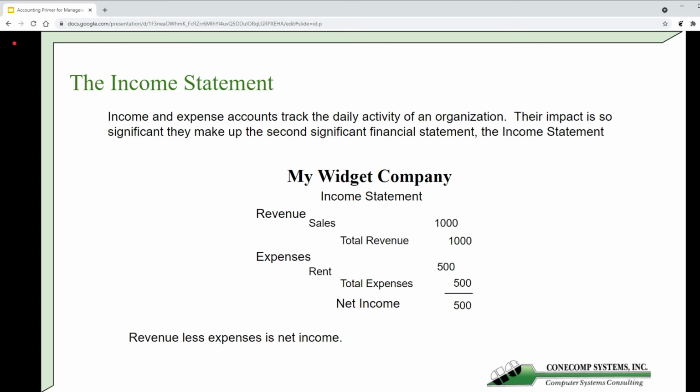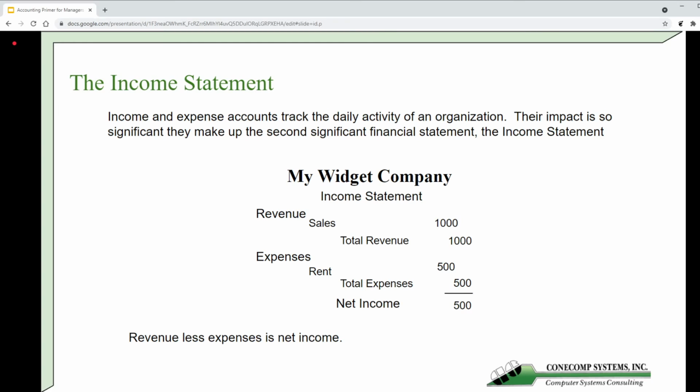Under revenue, we list all of our revenue accounts, which we had 1, and it recorded $1,000 sales, so our total revenue was $1,000. But on the opposite side, under expenses, we did have an entry against the rent as an expense, and that was $500. So comparing revenue expenses, which is what an income statement does, shows a net income of $500.